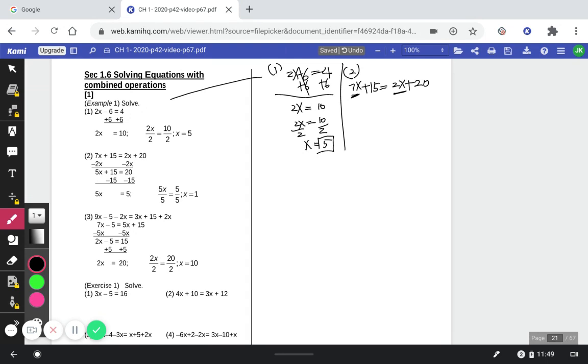Then the rule is to try to remove the smaller x by doing the opposite or inverse operation on both sides. So you get 5x plus 15 equals 20. And then it looks like the previous question. So now you remove the number with x.